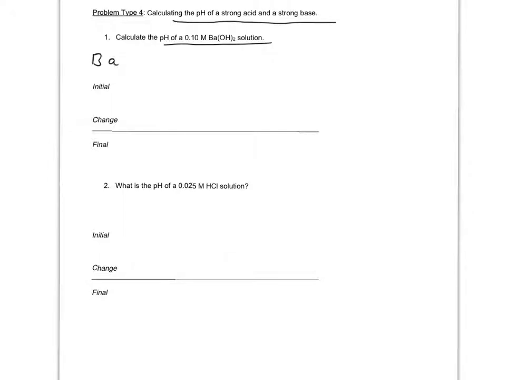If we look at the equation for barium hydroxide, when it's placed in water, it's going to dissociate into barium ions and 2 hydroxide ions.